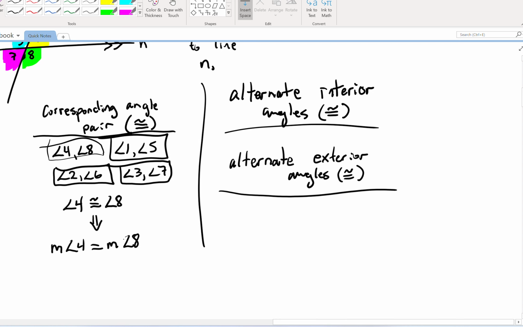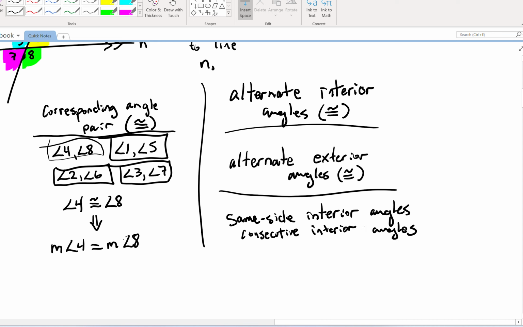And then we have same side interior angles, also called consecutive interior angles.